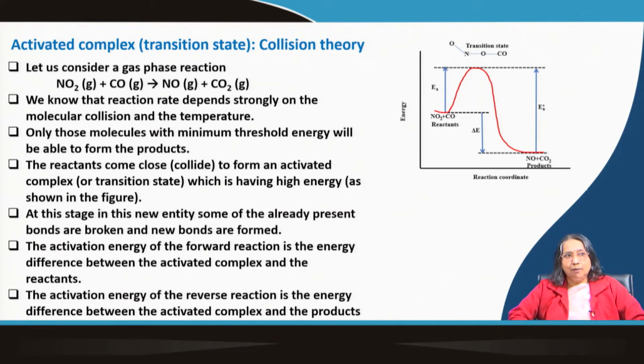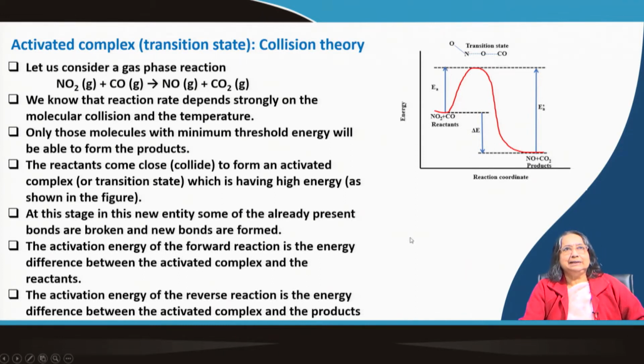When it is at the top of the hill, potential energy is maximum and kinetic energy is 0, and when it crosses the hill, potential energy is decreasing and kinetic energy is increasing. So, this model can be applied here to understand the activated complex and how the mechanism is going on.